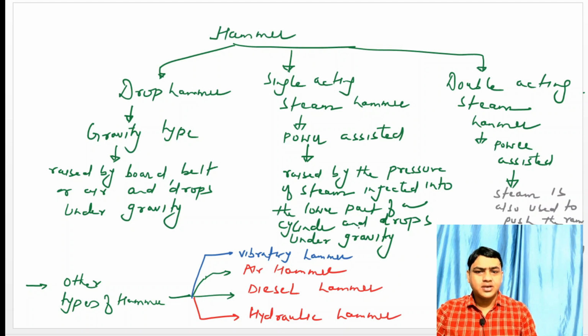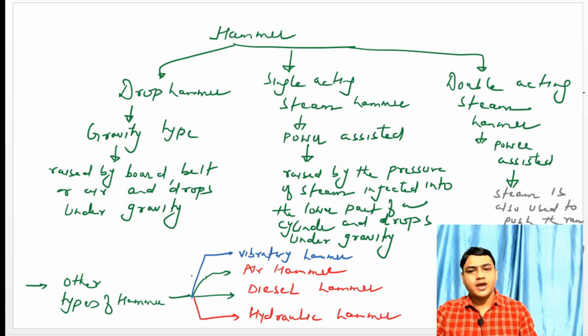Similarly, double acting steam hammer is also raised by the steam injected into the lower part of the cylinder, but on the drop, steam is also used to push the ram down, giving a more powerful blow. So once it is dropped, the steam is also used to make the drop a more powerful blow.